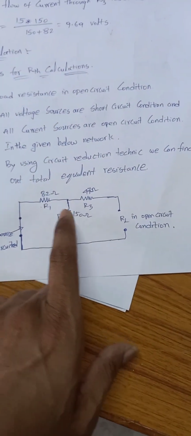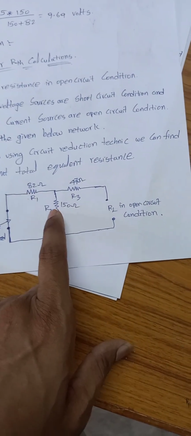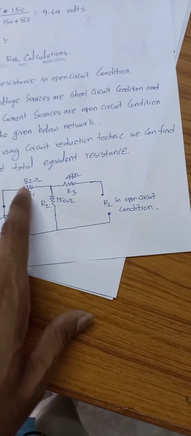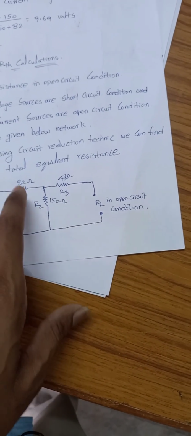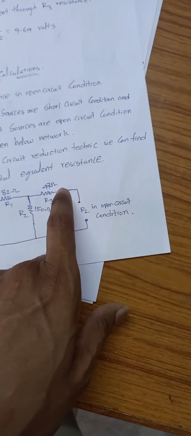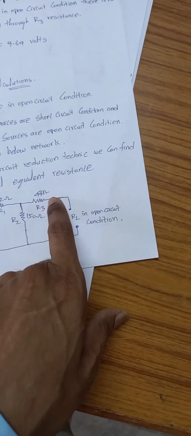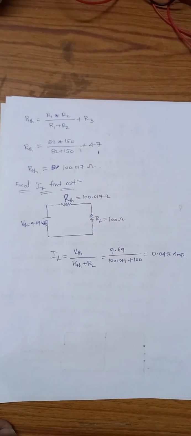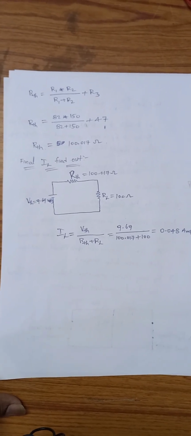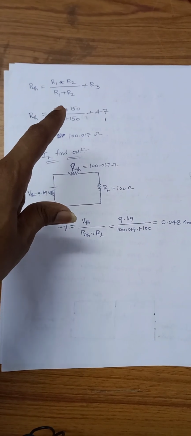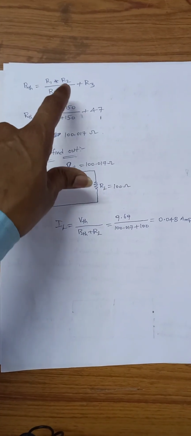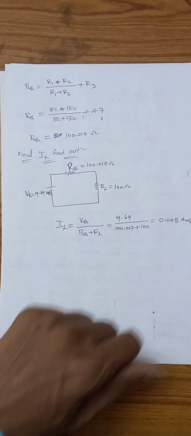That's why R1 and R2, these two are in parallel. Because of that, R1 into R2 by R1 plus R2. So these two resistances are in series with this resistance. That's why we finally take the R3 resistance. You remember here, R Thevenin equal to R1 into R2 by R1 plus R2 plus R3, because these two resistances are in series with the R3 resistance.